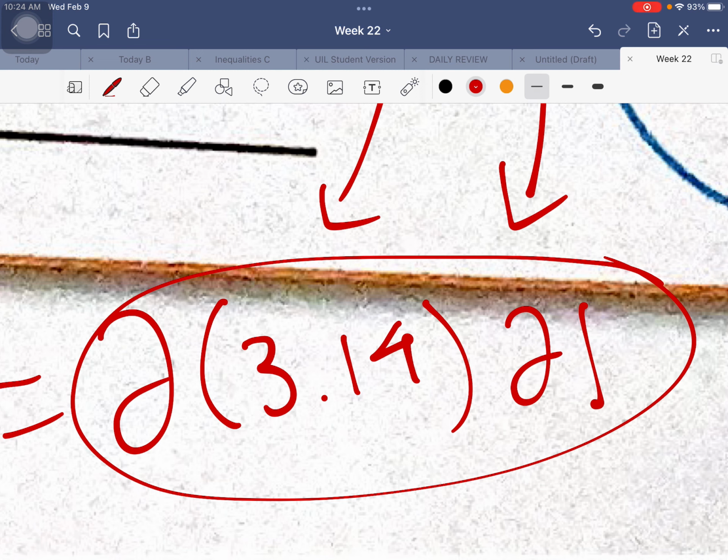Multiply 2. No, you forgot the 2. 2 pi r. Yes, with the 2. There we go. C equals 2 times pi times 21.